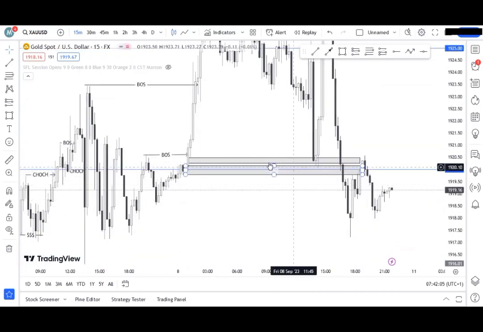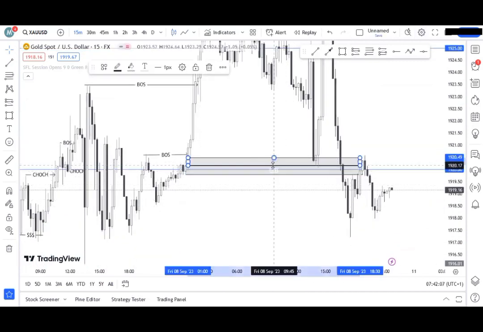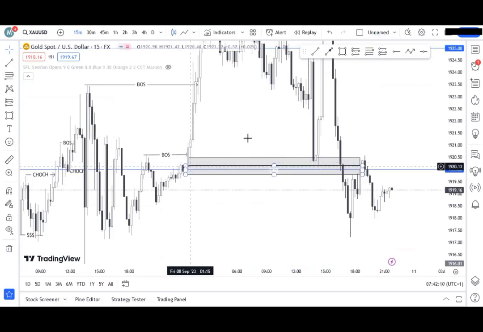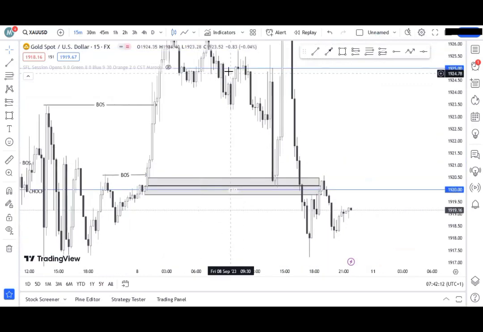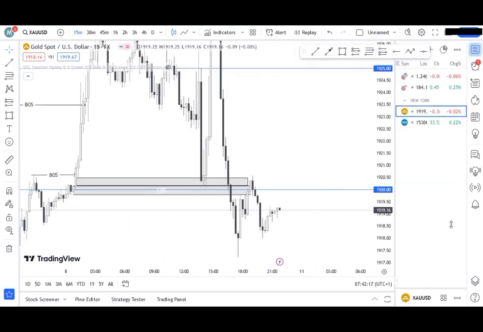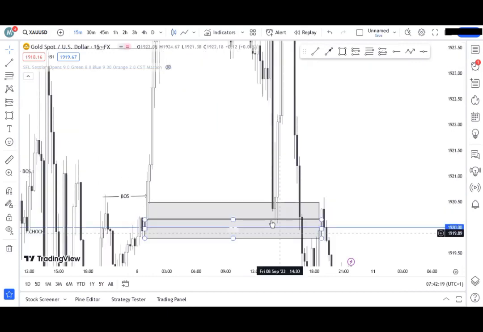So the fair value gap is up here. Now price came into it, tapped our order block here. The price taps the order block there. So this is where we would have entered for the buy. We would have set our limits there.